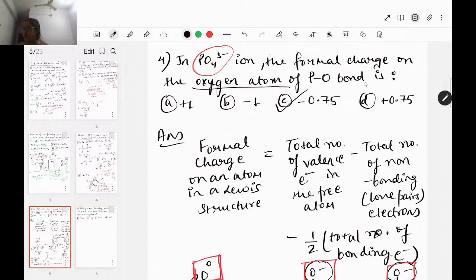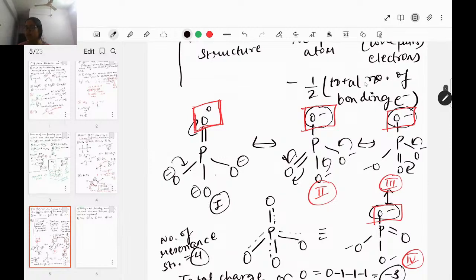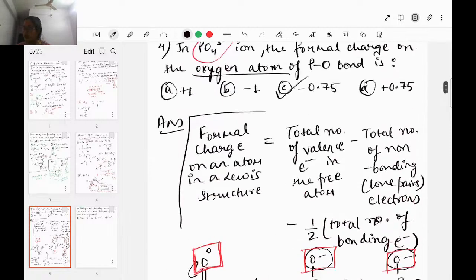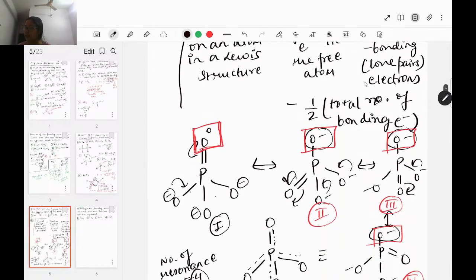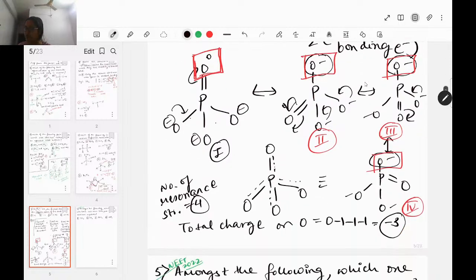So you can see that the usual formula was not required because in here we have multiple resonance structures. They have asked us to find out the oxygen atom of the P-O bond. Since there are multiple resonance structures, we need to find out the average formal charge. Why?